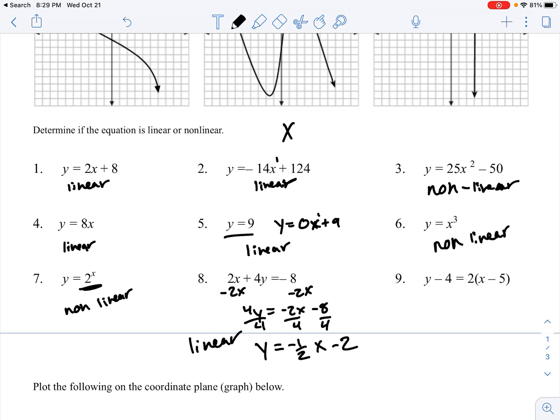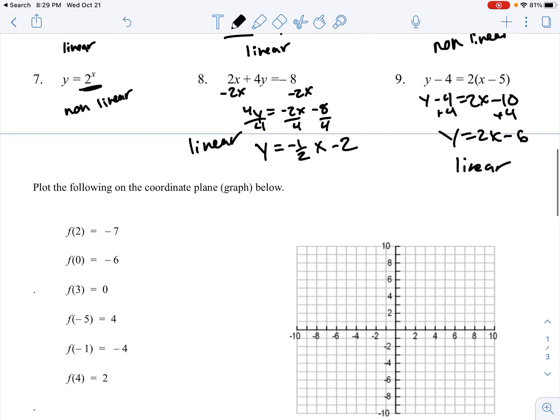That's linear. And then your last one, you could simplify this one as well, but you would get y minus 4 equals, I'm going to distribute, 2x minus 10, add 4, add 4. We get y equals 2x minus 6, but that's linear because we have x to the first power there, even though we don't see it.